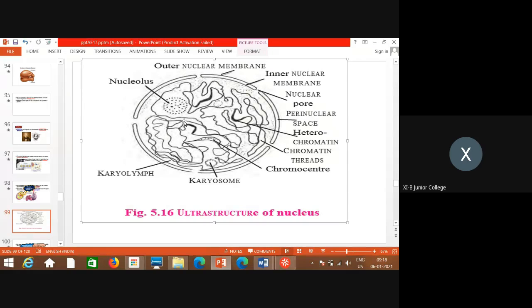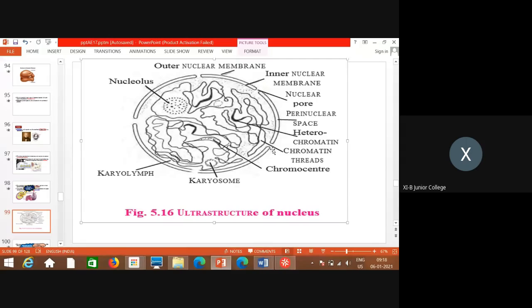Then it also shows the presence of the nucleolus, single or many, which is considered to be the place of synthesis of ribosomes, that is ribosomal biogenesis, and contains rRNA, ribosomal RNA, and ribosomal proteins.